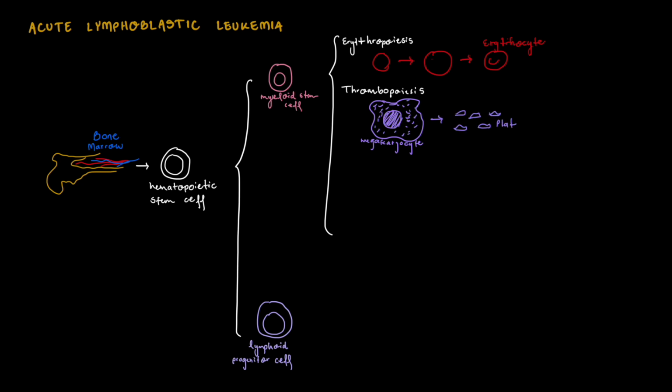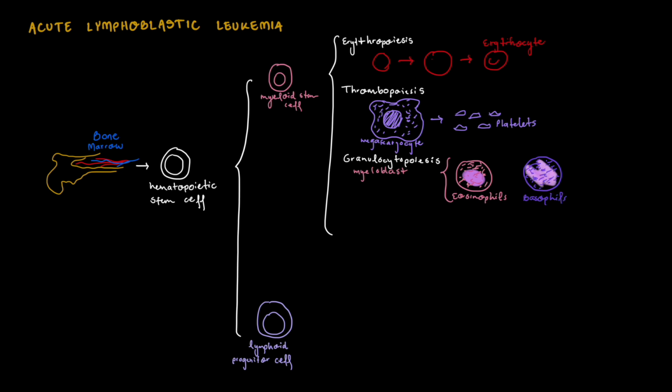These are all important for platelet aggregation and prevent us from bleeding. Also, we have granulocytopoiesis, giving us the granular cells participating in the immune response. This group of cells includes eosinophils, basophils, and neutrophils.